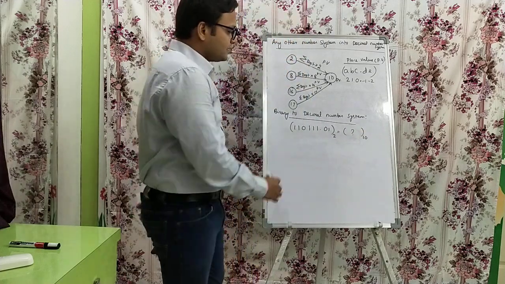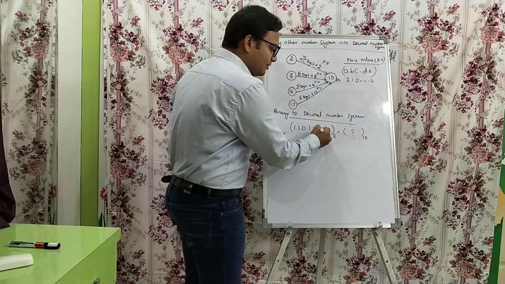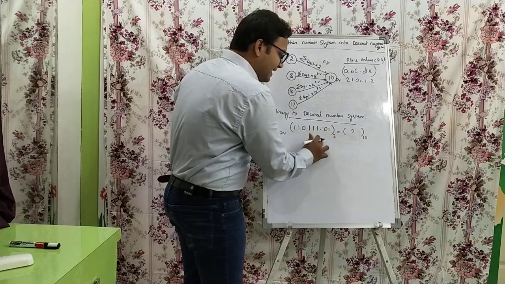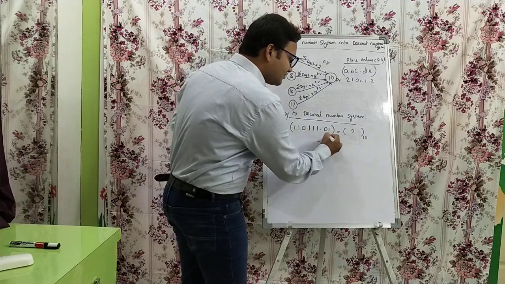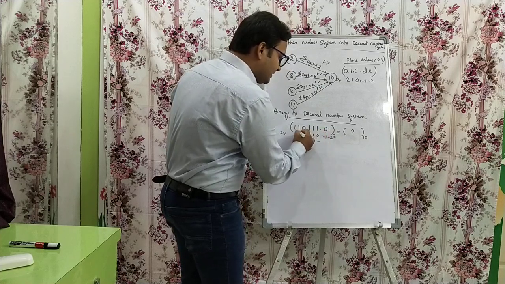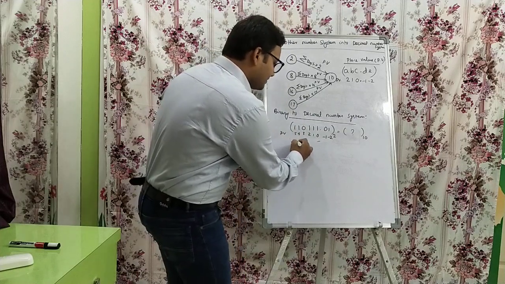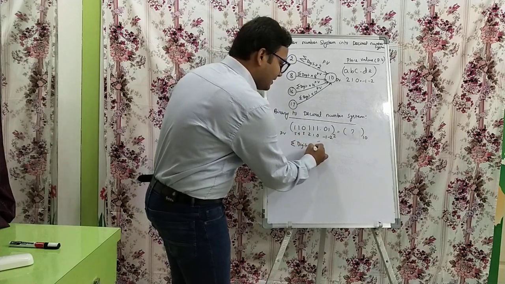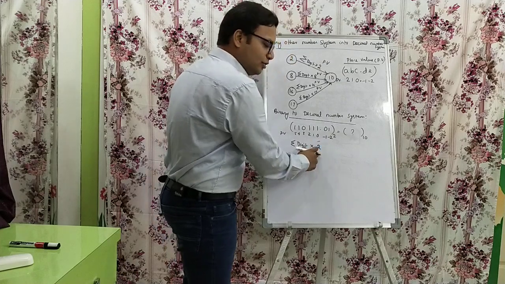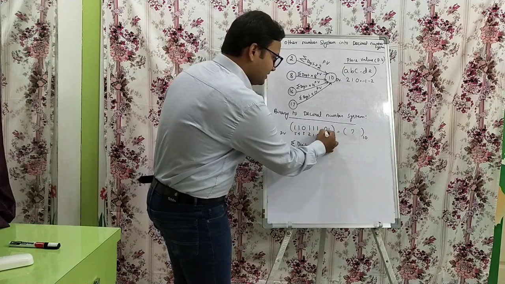First, you have to get the place value. From the dot to this side it is -1, -2, and then 0, 1, 2, 3, 4, 5. Then you take the summation of digit multiplied with 2 to the power place value, starting from here.